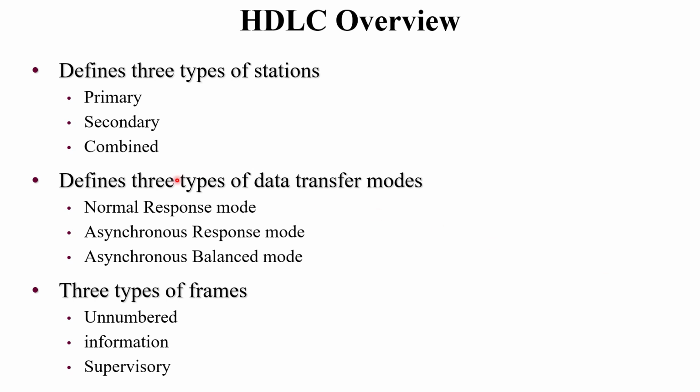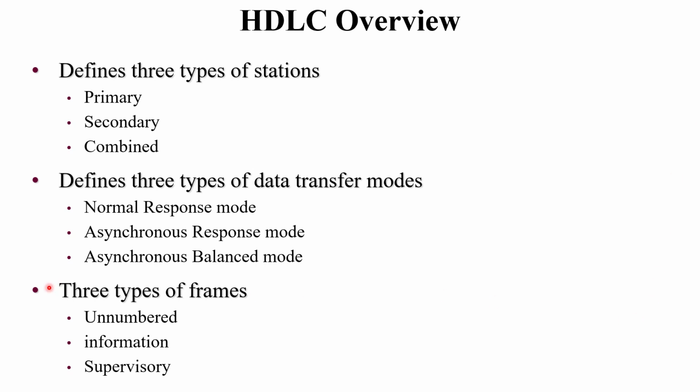It also supports three data transfer modes: normal response mode, where the secondary transmits only when permitted by the primary; asynchronous response mode, where the secondary can transmit without explicit permission; and asynchronous balanced mode, where both stations have equal status and can initiate.